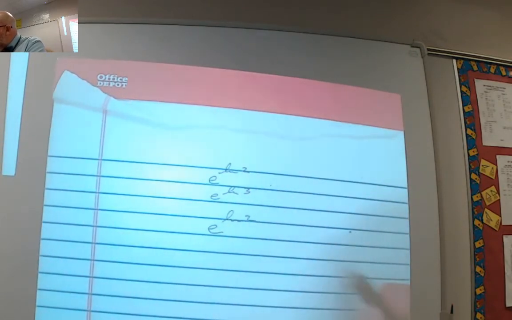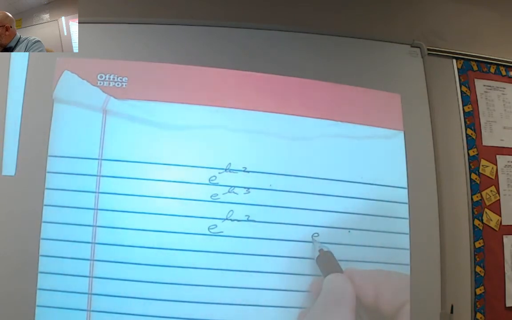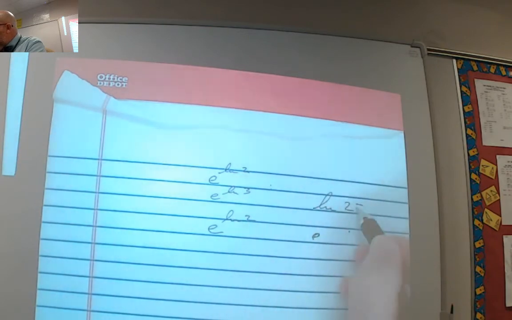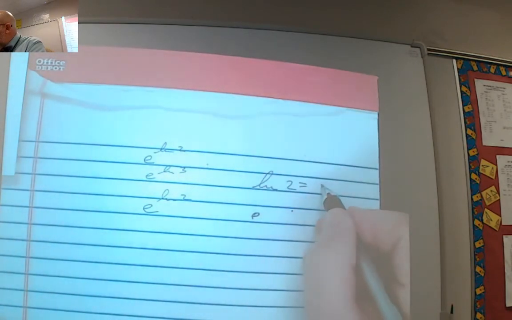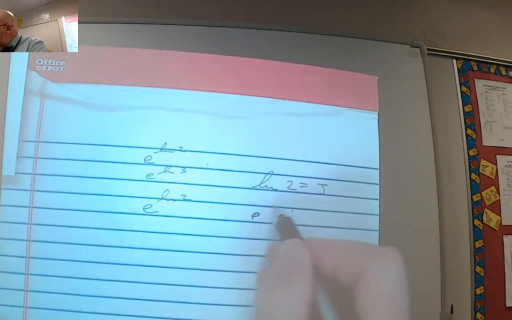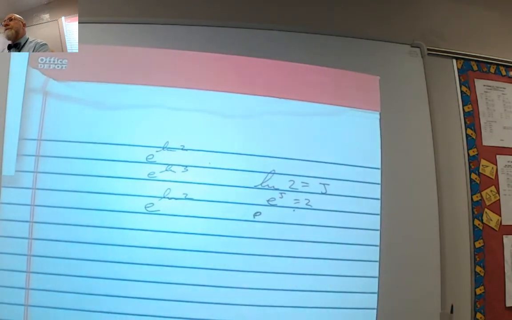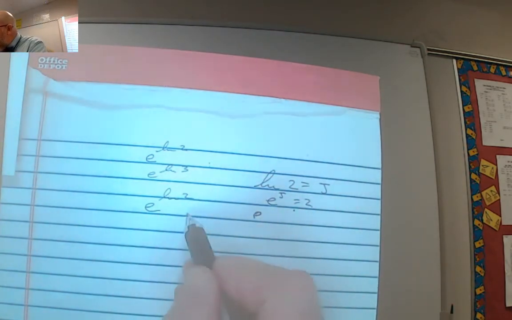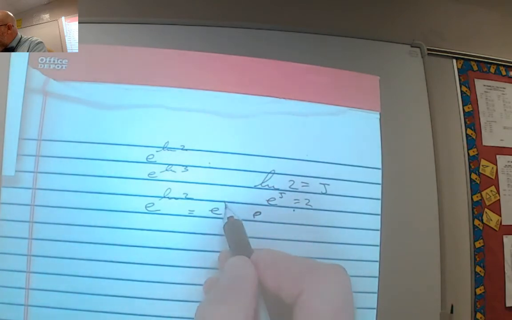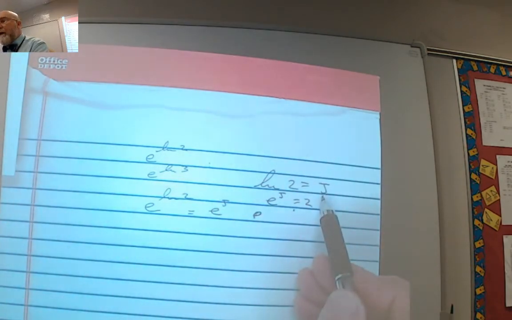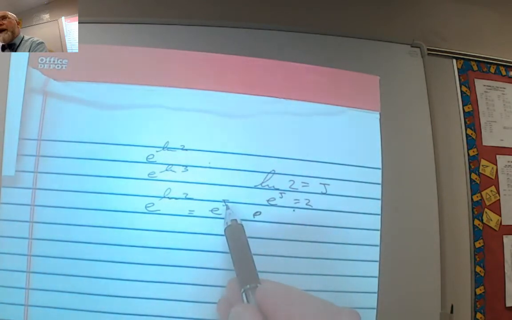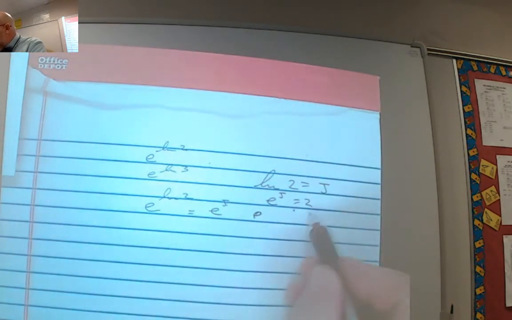That means, let's say the ln of 2 is equal to, let's pick j for Jack. That means e to the j would equal 2, correct? Well, I can replace the ln of 2 with j, because that's what I said the ln of 2 was going to be. But guess what e to the j is? 2.